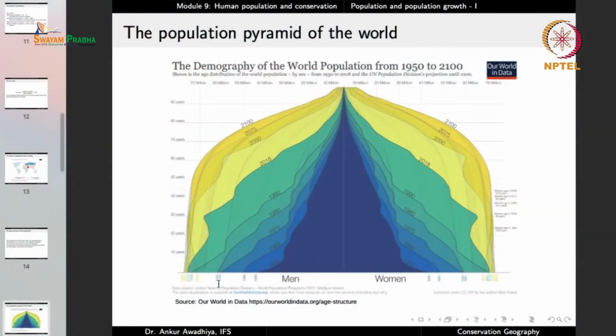But now the curve is shifting towards this shape. So in this shape, the children that are born are able to live to a very great age, and then it tapers to the top. So now the population of the world is shifting to a constant growth rate period.